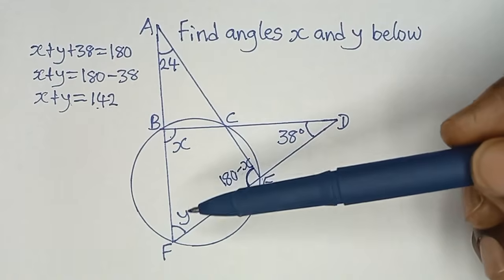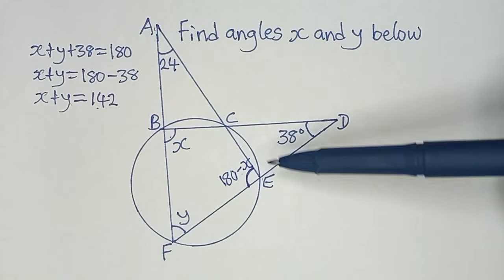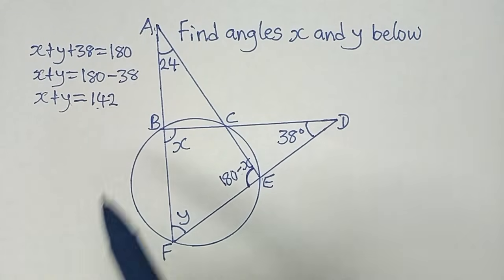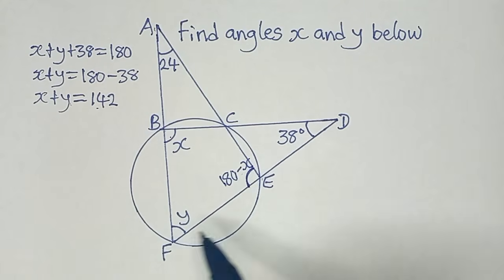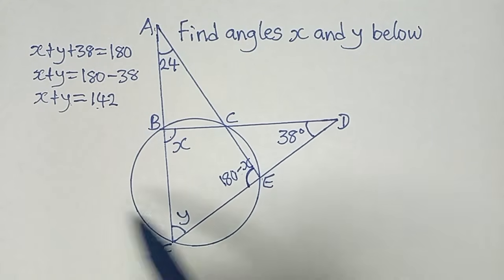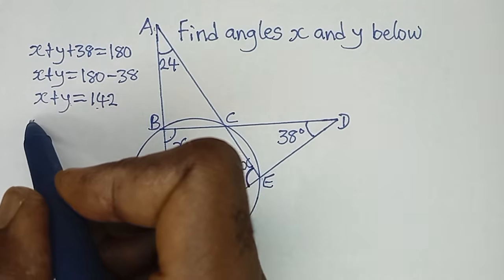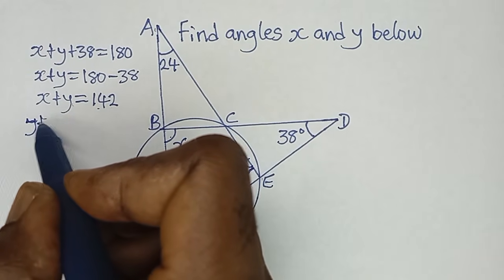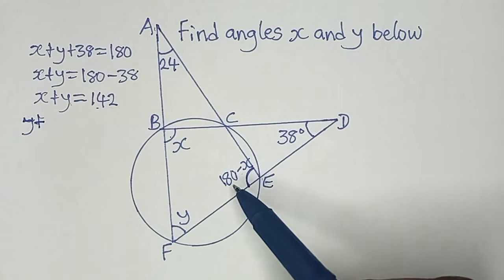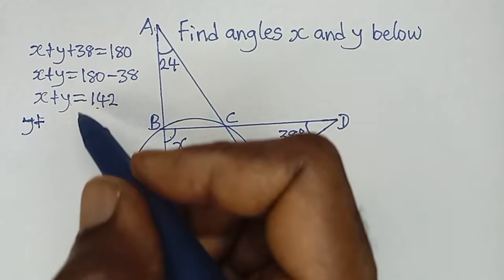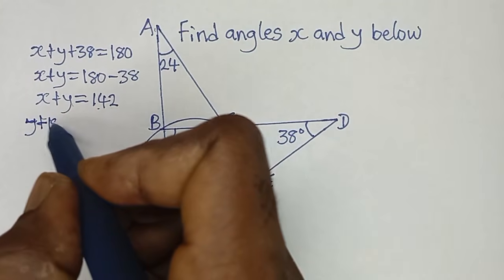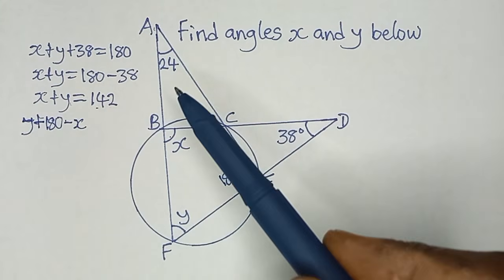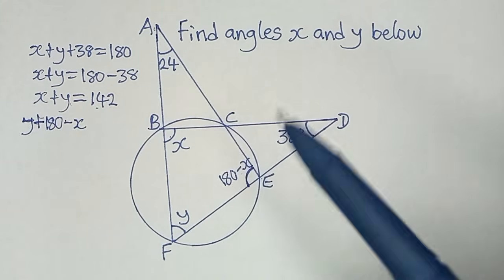Then now, using this triangle AEF, you will agree with me that angle Y, which is one of the angles Y, plus angle 180 minus X, plus the third angle, which is angle 24.